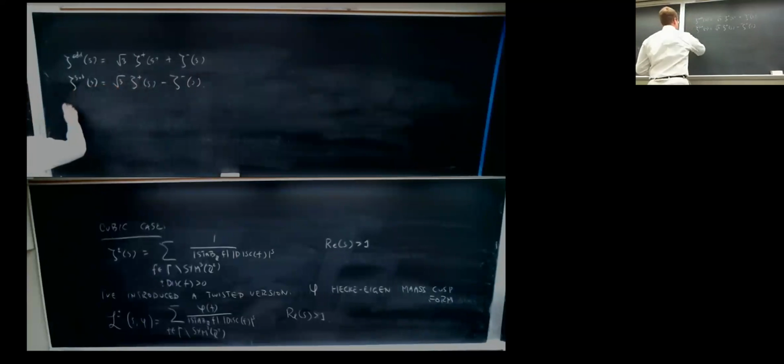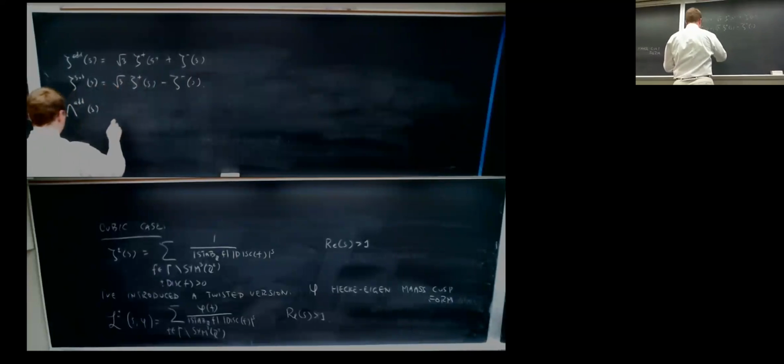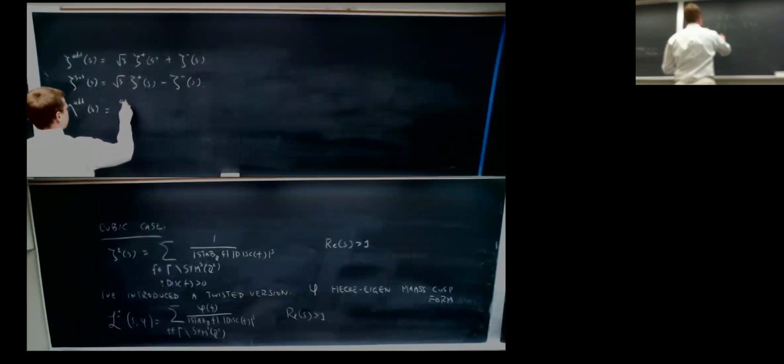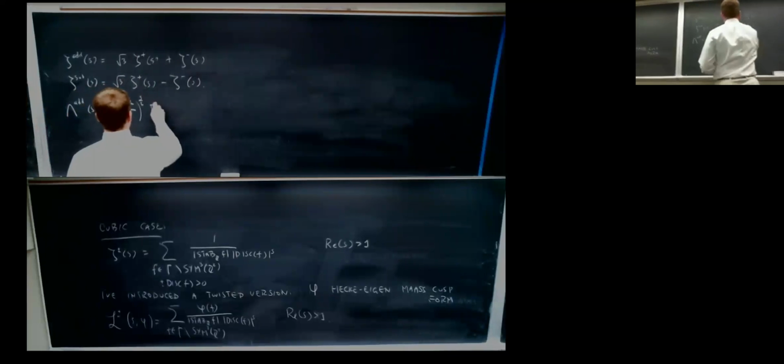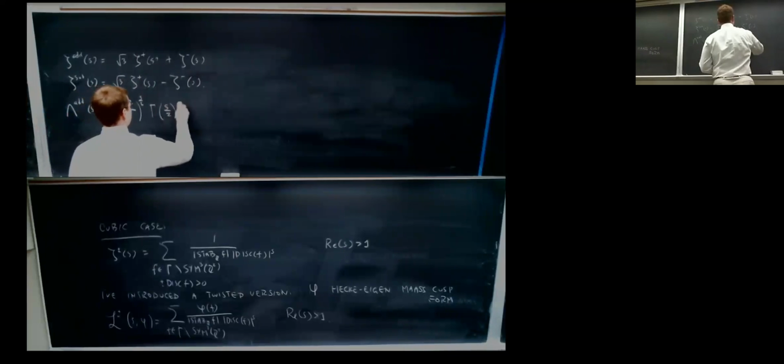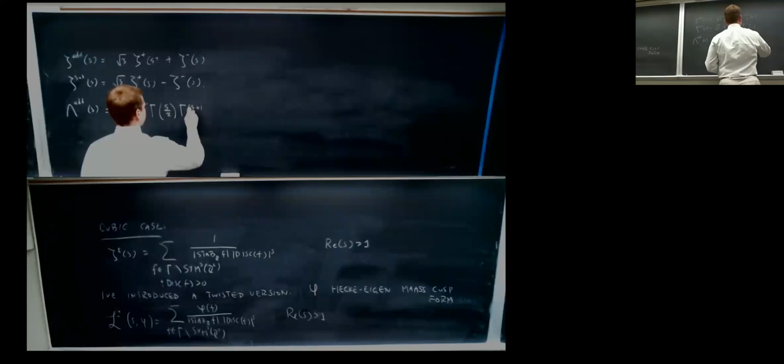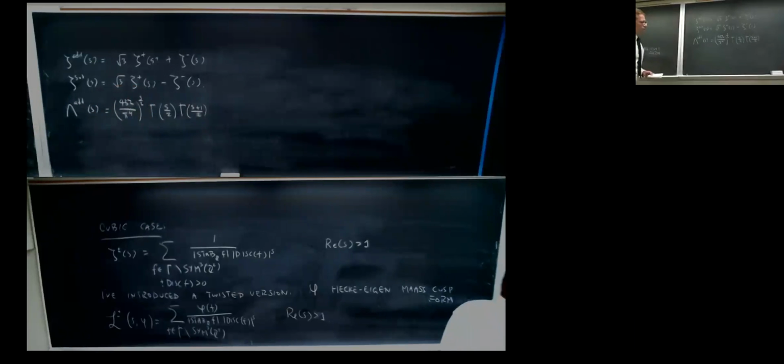So completed ones, and then four gamma factors. These are like degree 4 L-functions, but they don't have one of the properties: they don't satisfy the Riemann hypothesis.